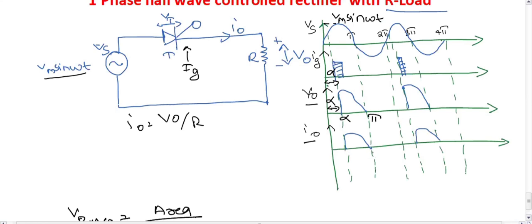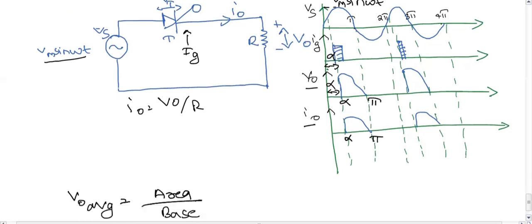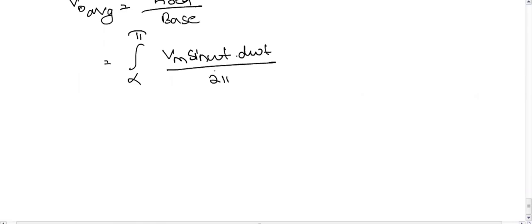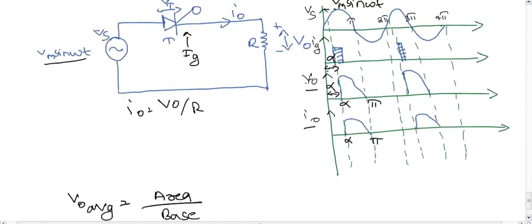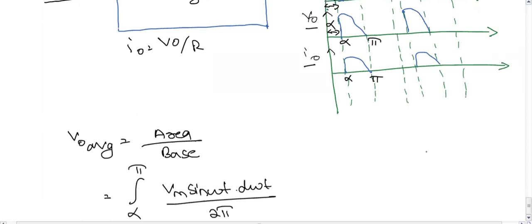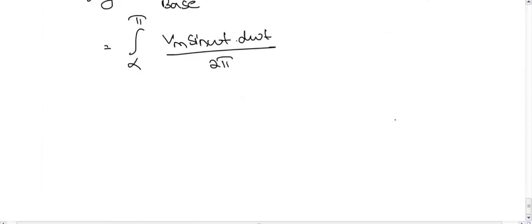The output will be integral alpha to pi Vm sine omega t d omega t by 2 pi. The base is 2 pi because the next waveform comes after 2 pi only, that's why alpha to 2 pi plus alpha. So the base is 2 pi.